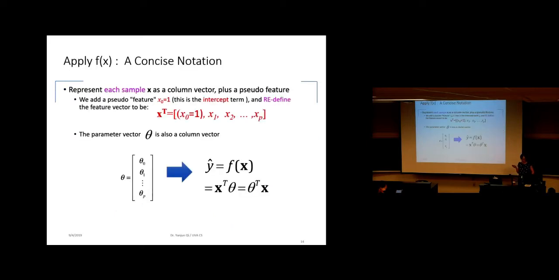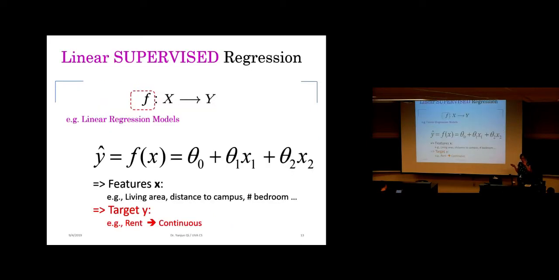Okay, let's come back to our linear regression formulation. So this is the element product formulation, right? Theta 1 x1, theta 2 x2, up to theta p xp. And the only difference is this theta 0. I just assume there's a 1 here.